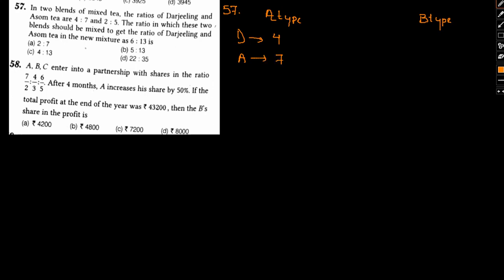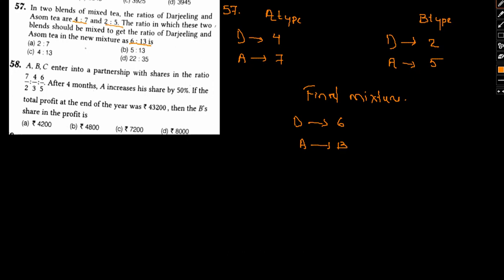In the second, Darjeeling is 2 and Assam is 5. What else do we have? The final mixture has Darjeeling in the ratio 6 and Assam in the ratio 13.